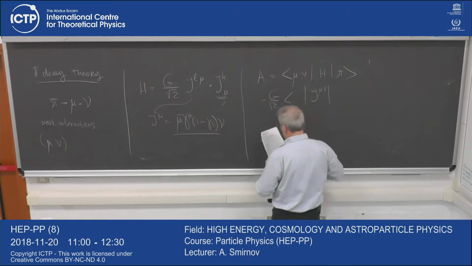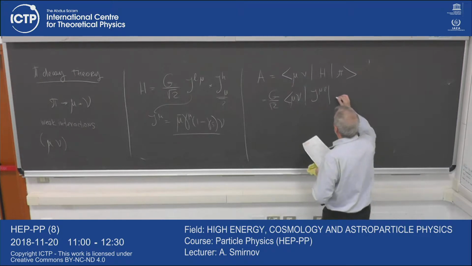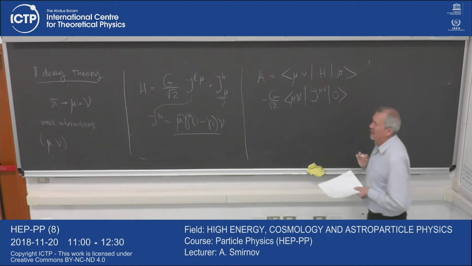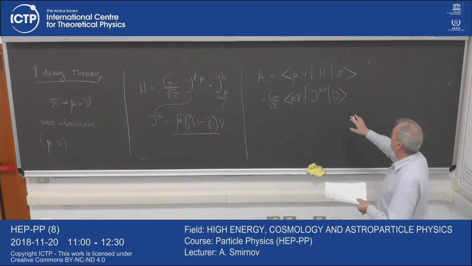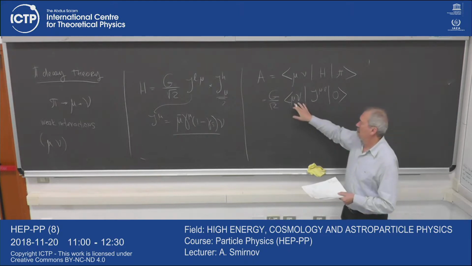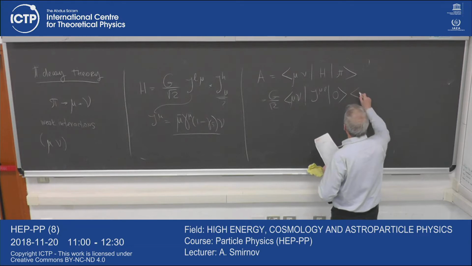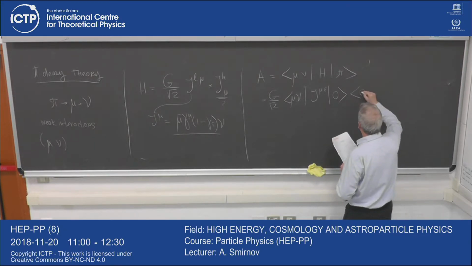Once I started to write that, I should write here muon and neutrino. And in the initial state, I have no leptons, right? I have just pi. And therefore, it should be a matrix element between 0, vacuum, and in the final state, I have muon and neutrino. And the second one describes what happens with pi.